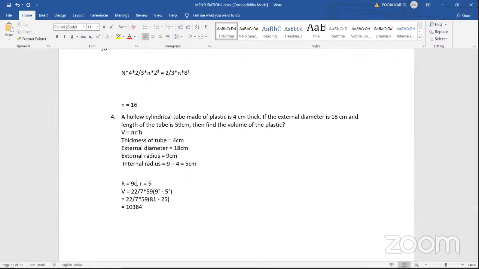Small r is 5 centimeter. So the volume of it will be 22/7, meaning pi, into h into R square minus r square. So it's 9 square minus 5 square. This is 81 minus 25.